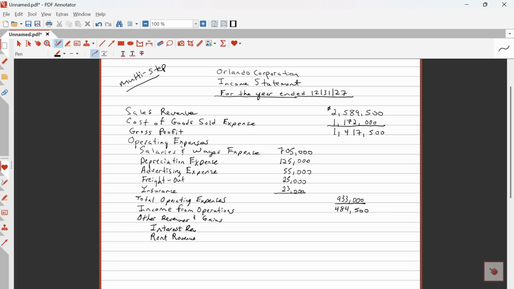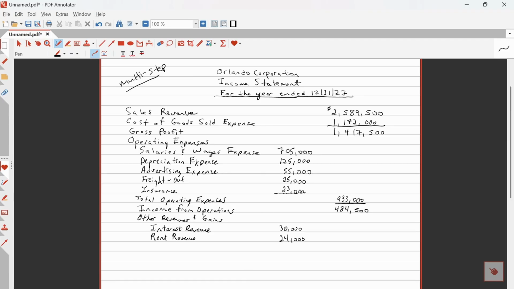So we must have lent some people some money this period and charged them interest. We get interest revenue. But that's not our normal operations, unless you're a bank. If you're a bank, then interest revenue is your operating revenue. That's how you make money, right? But if you're not a bank, you're not in the business of lending people money. That's not what makes you money. That's not your operating. So interest revenue is 30.